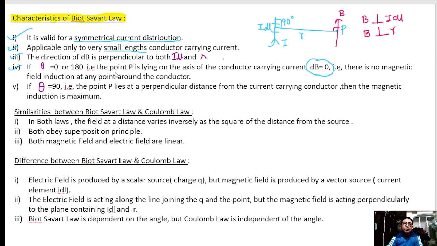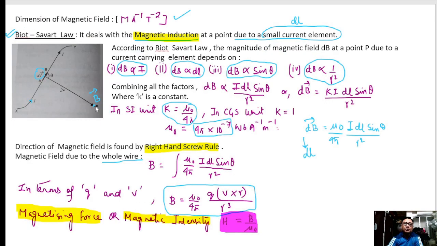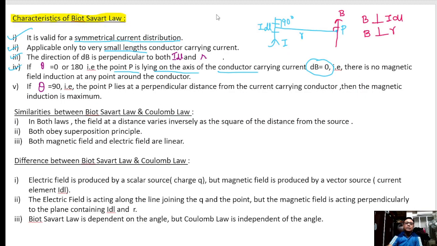If the point P is lying on the axis of the conductor carrying current, that means anywhere on this line, then the magnetic field acting on it will be 0. No magnetic field will act on it.